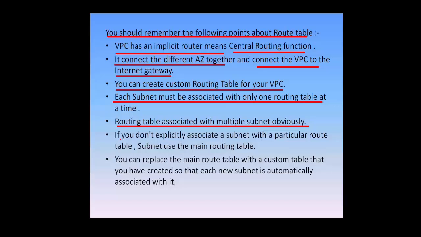Clear? Next point. If you don't explicitly associate a subnet with a particular route table, then what happens? If you create a subnet but don't associate it with a particular route table, it automatically goes to the default routing table, or main routing table.